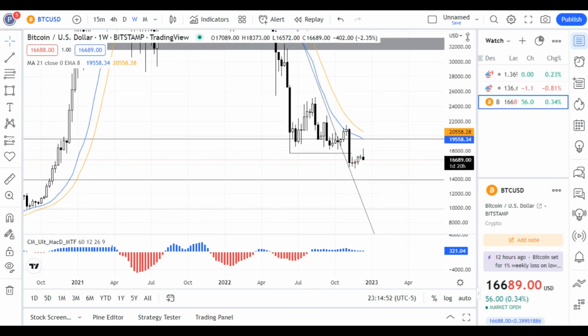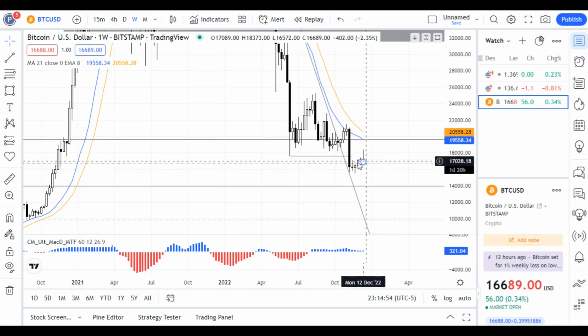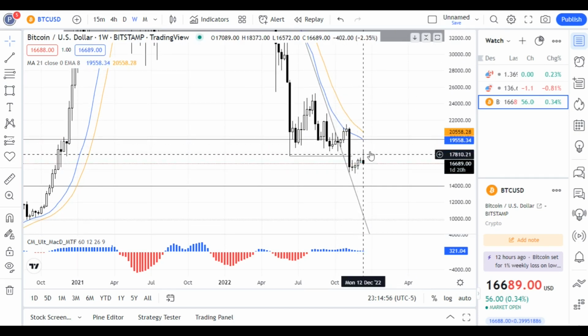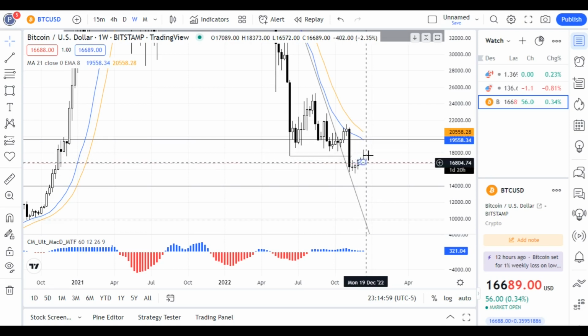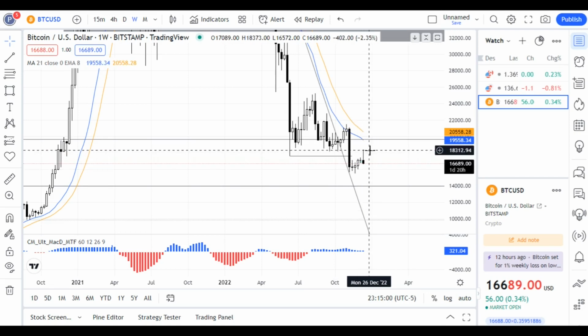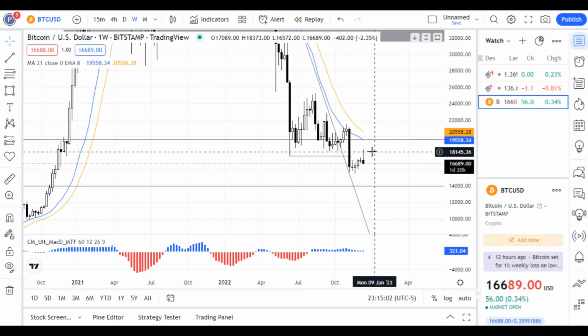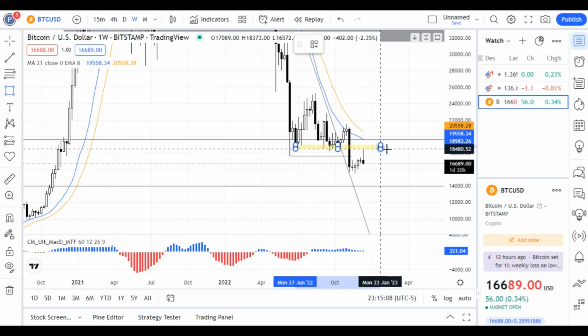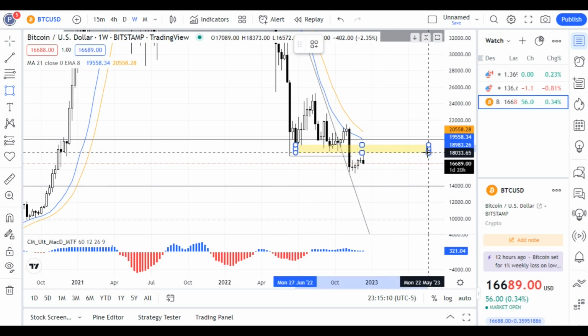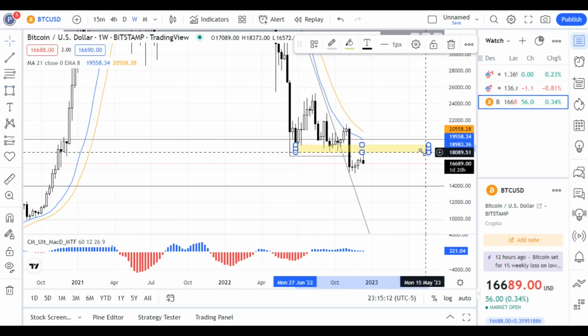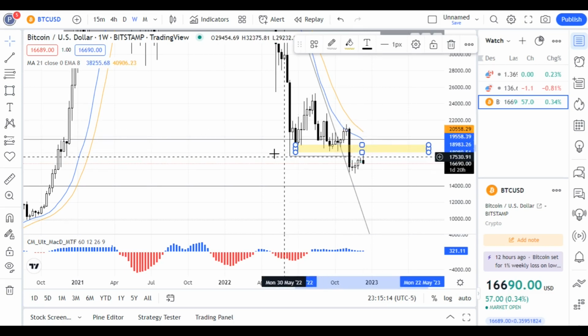So as we can see on the weekly, the buyers pushed the price up to this level and sellers were in there to push the price back. You can see this area is very important, and how many times the market was quietly rejected.